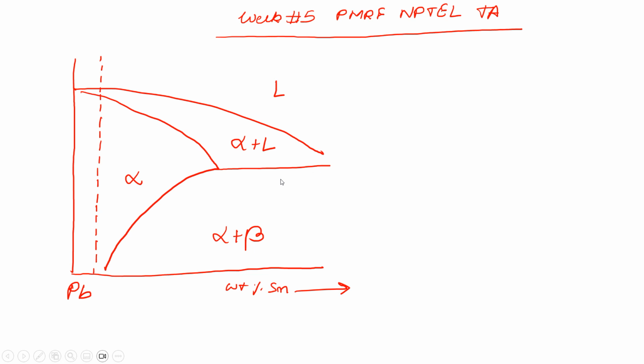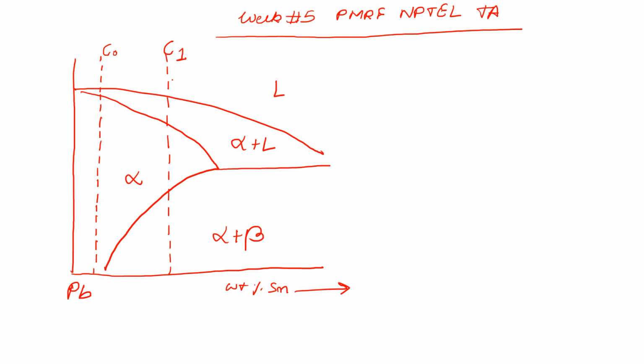So this was the C0 we had taken initially. Now we'll take a composition somewhere lying here.